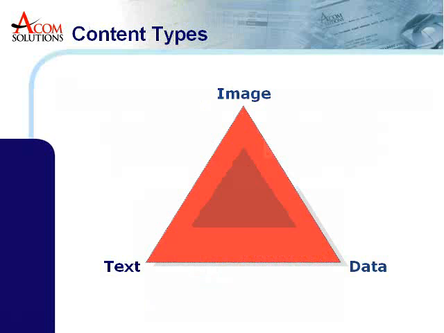Documents will normally be either far on the top towards imaging, bottom left corner toward primarily text, or off to the right in data. The other interesting thing about content types is the type normally defines how that document was created. So if we look at textual documents, they are almost always author-generated.